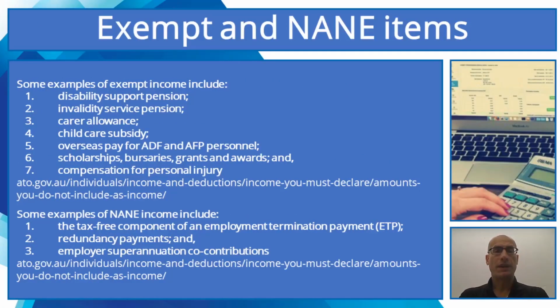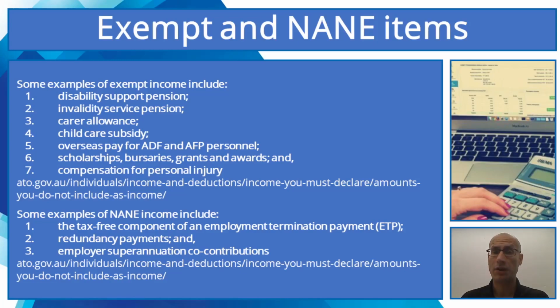Starting first with exempt income, there are certain types of allowances and pensions that are simply exempt. So if a particular person receives that form of income, expenditure that's gone towards deriving that income can't be claimed as a general deduction.